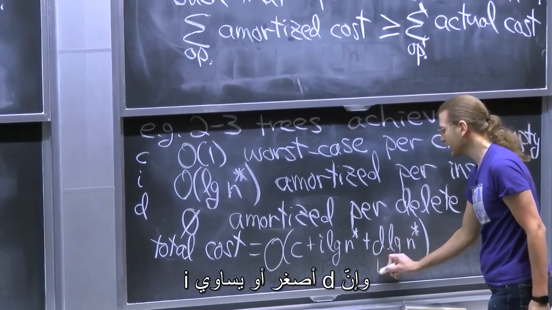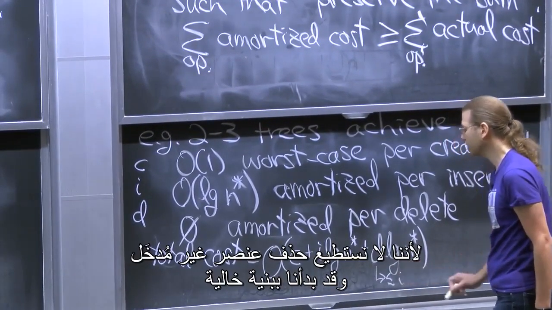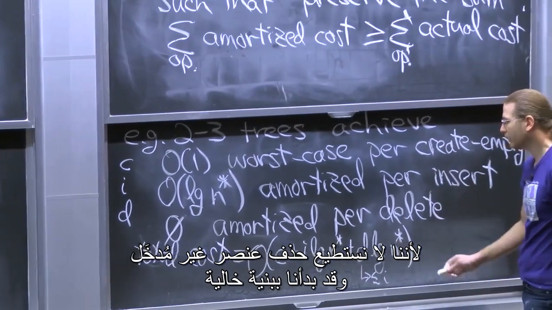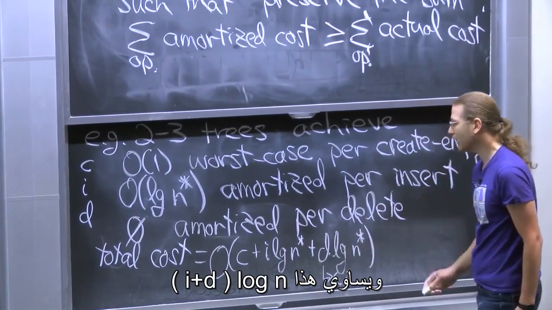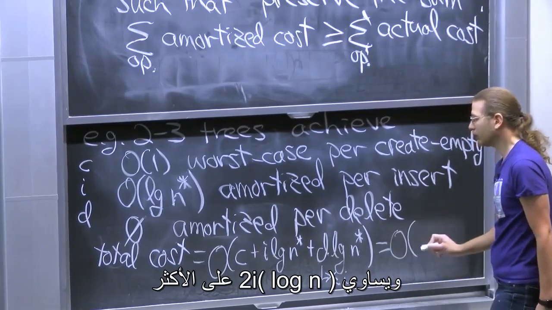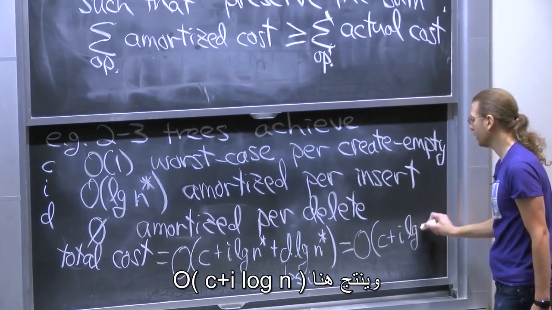And the point is D is less than or equal to I, because you can never delete an item that wasn't already inserted if you're starting from an empty structure. And so this is I plus D times log n, but that's just at most twice I times log n. So we get C plus I log n.